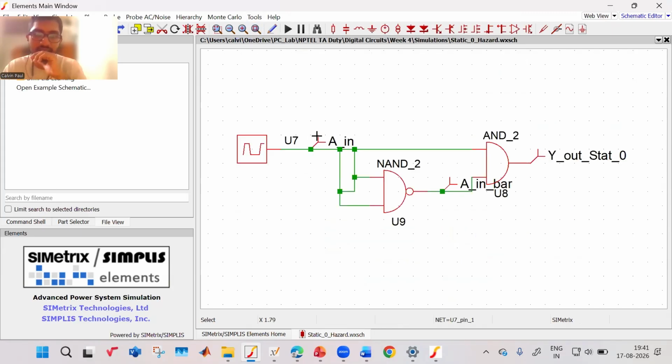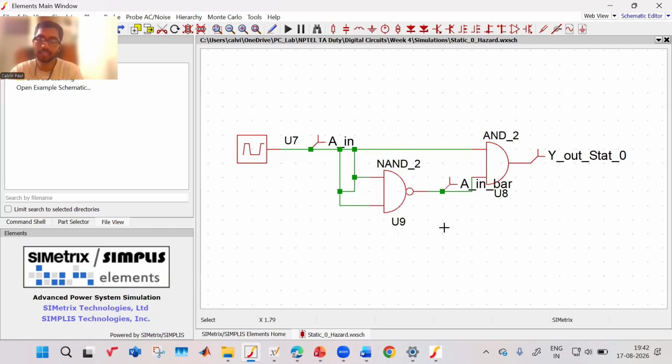If you look at this circuit, this is generating some signal. And then you have a NAND gate. Can anyone tell what this NAND gate does? Both inputs of the NAND gate are connected to the same signal, A. A and A are coming.